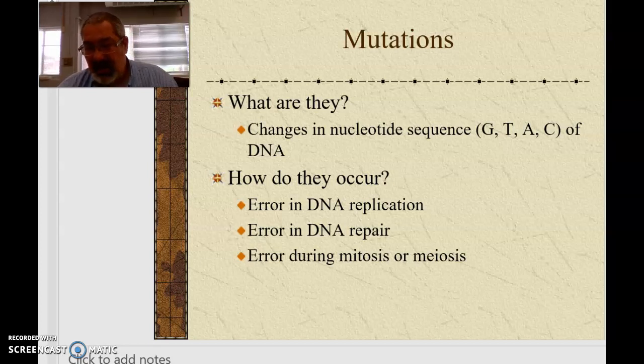So the error gets transmitted on when the cell is reproducing. The error can occur during mitosis or meiosis. Perhaps a chromosomal mutation might occur when the chromosomes fail to separate properly in anaphase. So there's several different places within cell reproduction where a mutation can form.